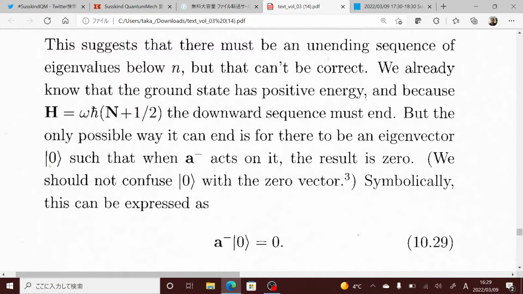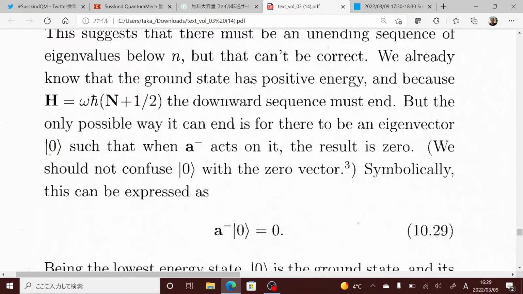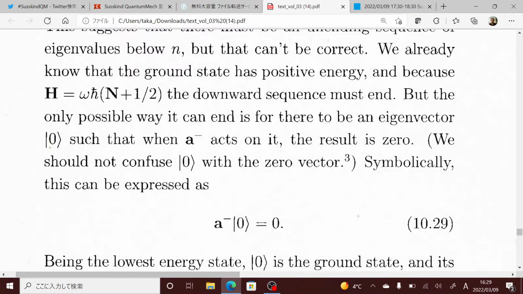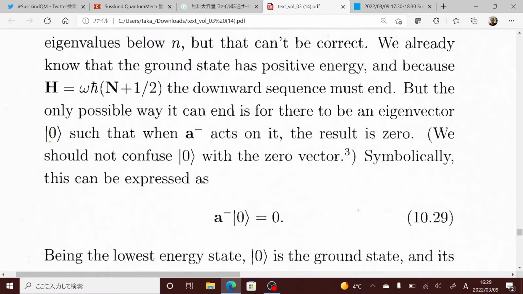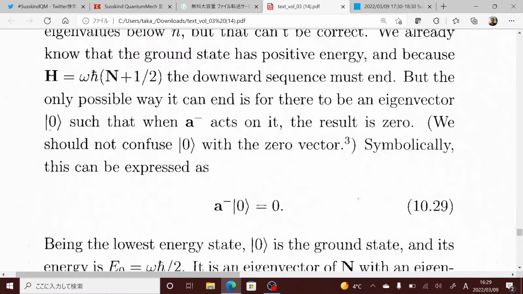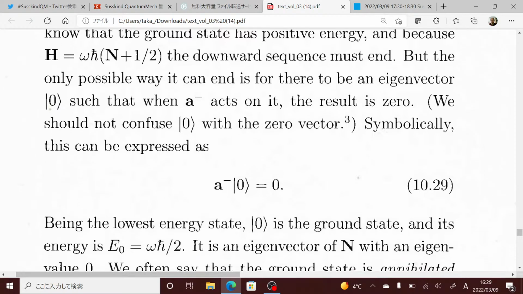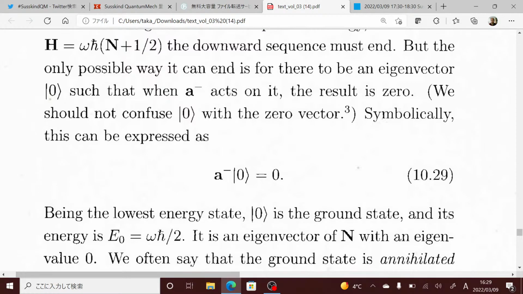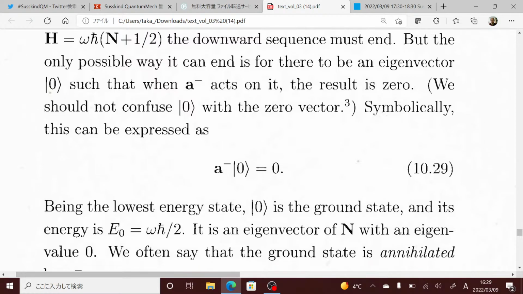The only possible way it can end is for there to be an eigenvector ket of 0 such that when A minus acts on it, the result is 0. We should not confuse ket of 0 with the 0 vector.